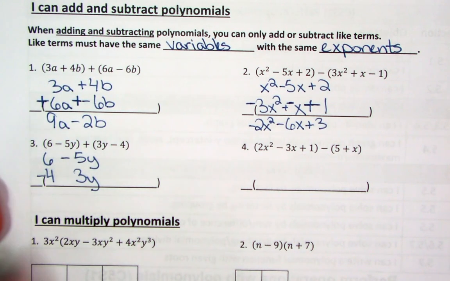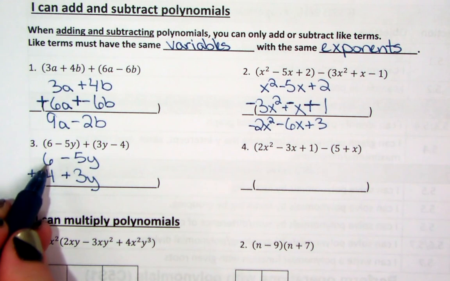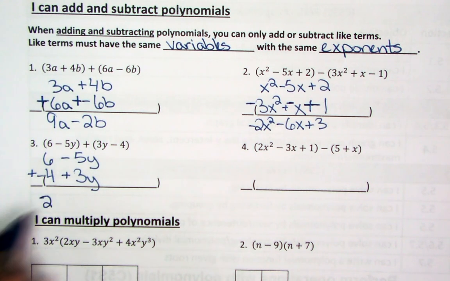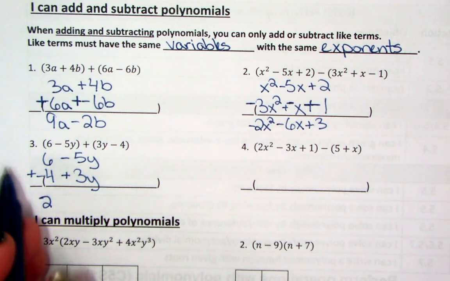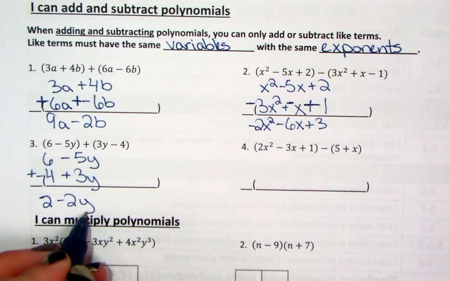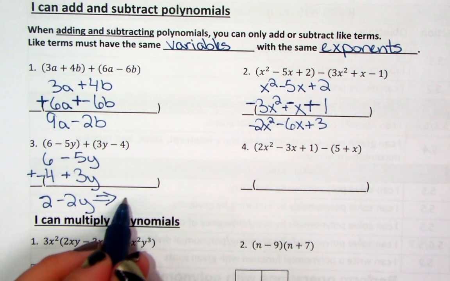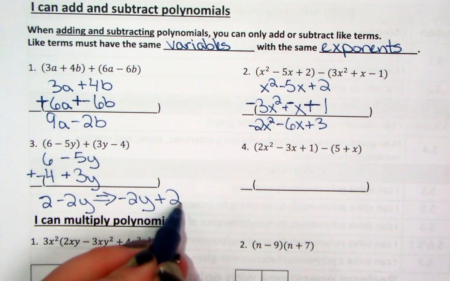And we are adding, so I'm going to put a little addition sign in front of each of them. 6 plus negative 4 gives me positive 2. Negative 5y plus 3y gives me negative 2y. And I always like to rewrite mine so that the y is first. So negative 2y and a positive 2.